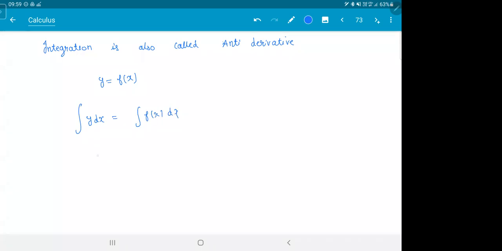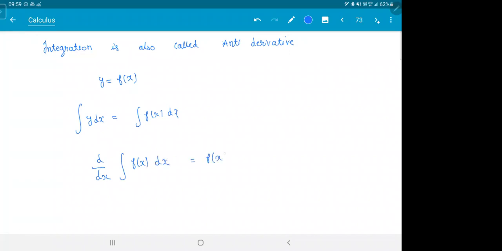So this integral is also called the antiderivative. Suppose you have a function y is equal to f of x, you first integrate the function, that is integral f of x dx. I just kept y is equal to there. And if you differentiate this function, don't worry much about this. In the end, I'll give you some examples on this, that would make it clear.